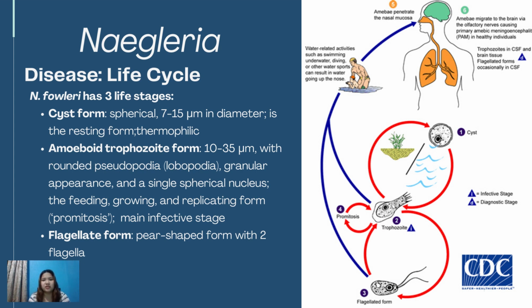Just additional background information: the older classification grouped Naegleria with Acanthamoeba under class Amoebozoa. But pathogenic members of Amoebozoa only have two stages, the cyst and the trophozoite form.